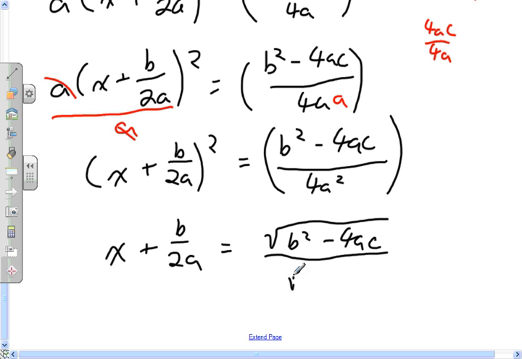So I'm square rooting the top and the bottom of this right now. Okay? Now, I can't simplify the top. Square root of b squared minus 4ac, I can't simplify that. As simple as it gets. But I can simplify the bottom. The square root of 4a squared. Does anyone know what that's going to be? That's right. Square root of 4a squared is 2a.